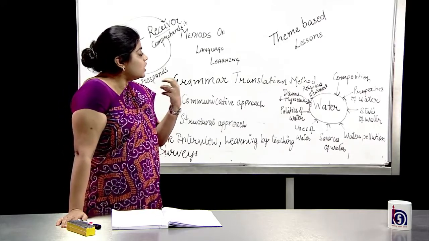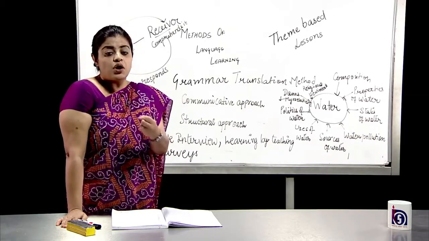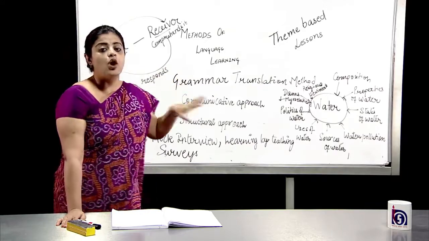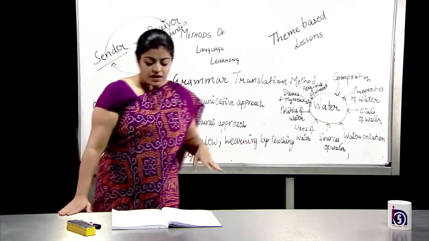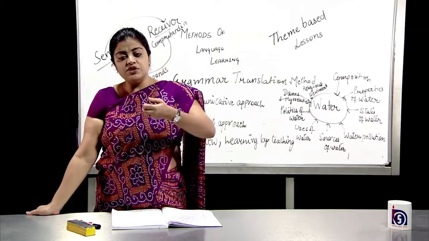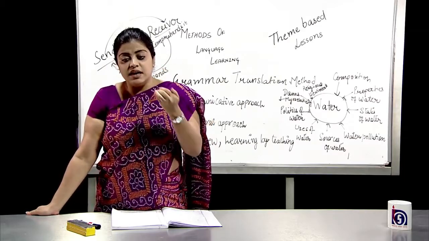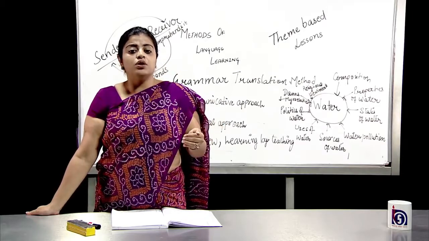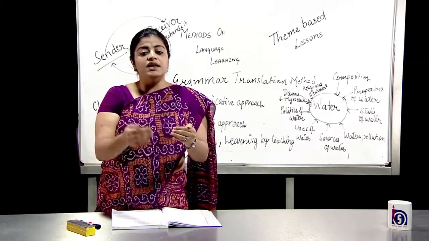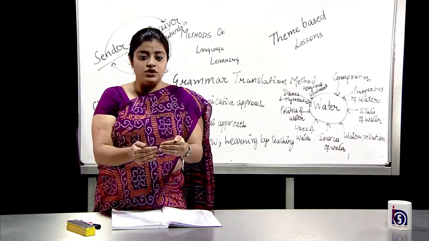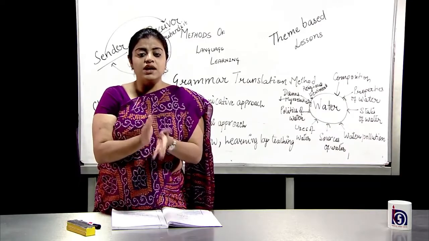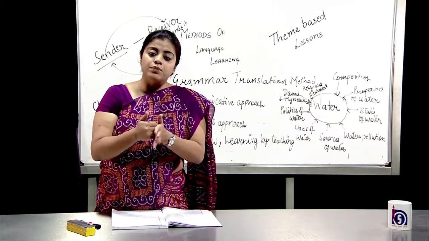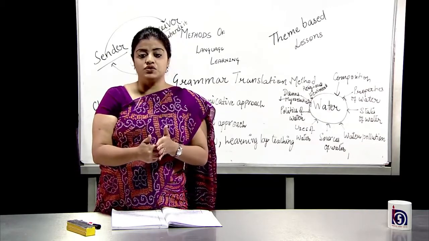It's not about being accurate or correct, so somewhere the correctness of the assertion is compromised. Another thing is that sometimes what we are saying might not be coherent, so we are not actually focusing on coherency. It can come at a later stage when we are comfortable with the language. But somewhere in using the communicative approach, we have to bring in another approach to look at the correctness of the assertions also.